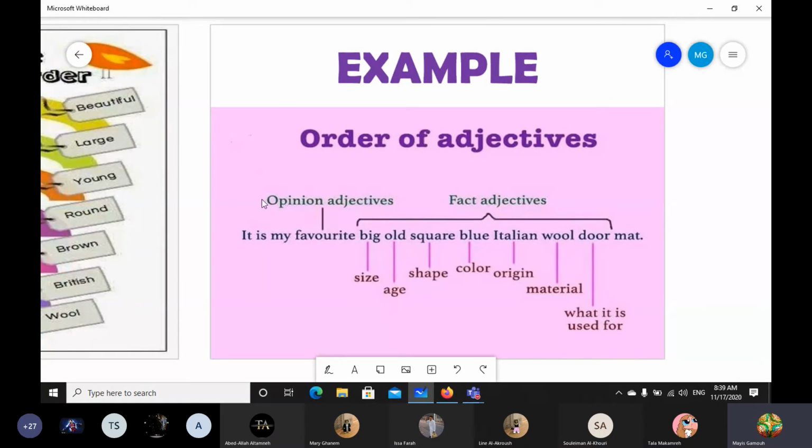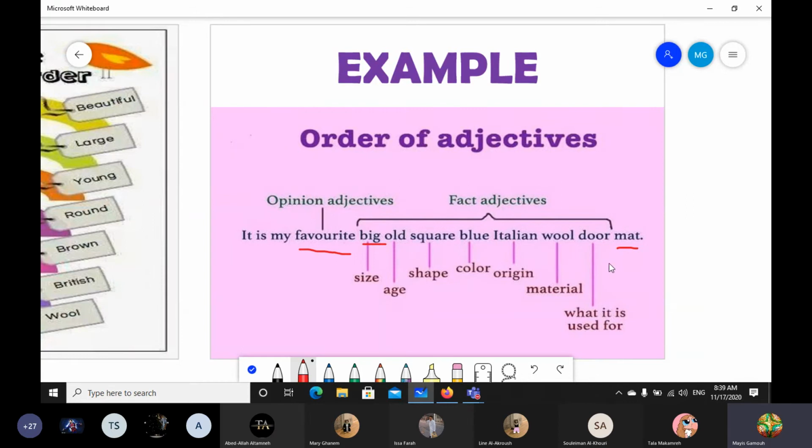Let's see. It is my favorite. Favorite is my opinion. Big, old, square, blue, Italian, wool, mat.